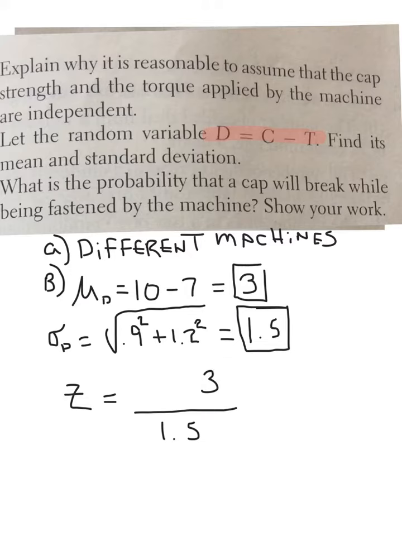But we want to say, when will it break? Well, if we look at this, if the torque is stronger than the cap, it'll break. So anyway, if they're equal, it should be okay. But basically, if we're going to get a negative number, probably 0, anything less than 0, right? If we get a negative number, this one is bigger than this one, and it snaps that cap.